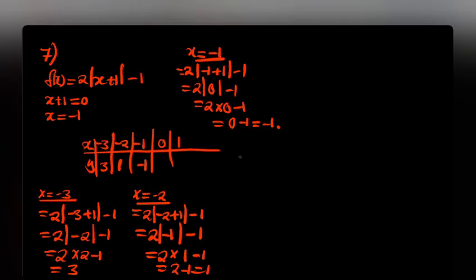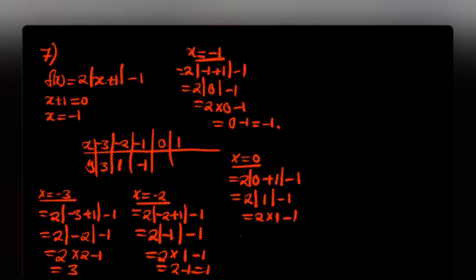Then again when x is equal to 0, we do the same. We have 2, and where there is x we put 0 plus 1, then minus 1. So this will be 2, then 0 plus 1 is 1, so minus 1. So 2 times the absolute value of 1, minus 1. We have 2 times 1, which gives 2, minus 1, so we have a 1 there.